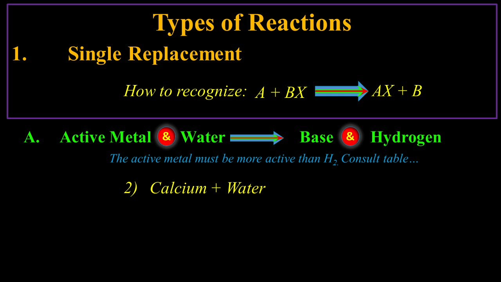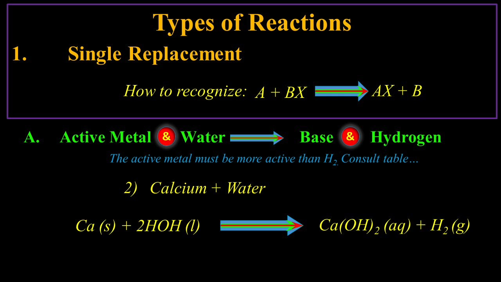It's a fairly common substance, only slightly soluble in water, but there it is. It's calcium hydroxide plus hydrogen gas, and that's how you balance it. So you're balancing 2 OHs and 2 Hs, and it's simply easier to balance when you write the water as HOH in single and double replacement problems.